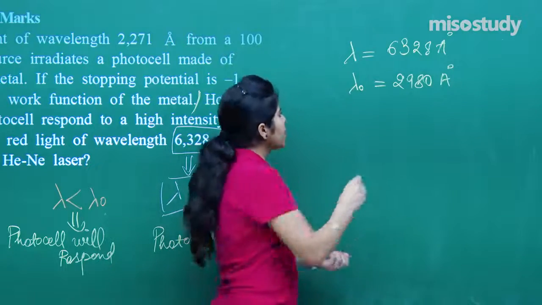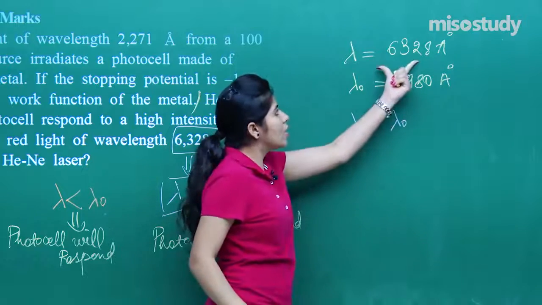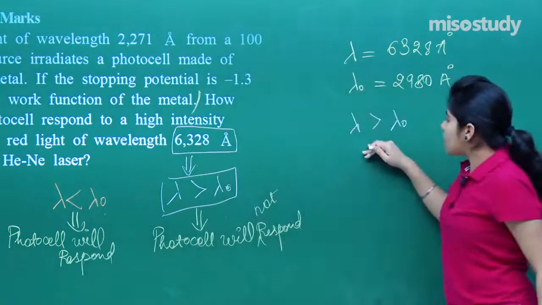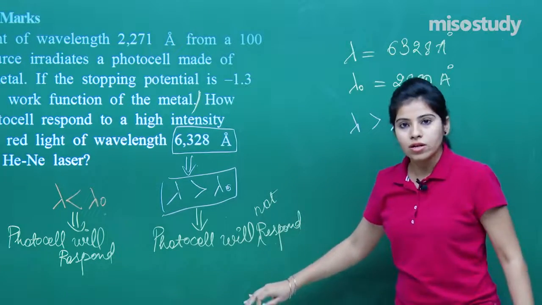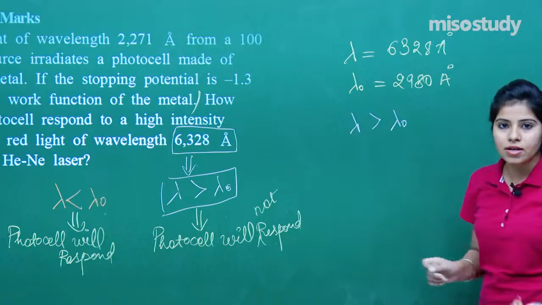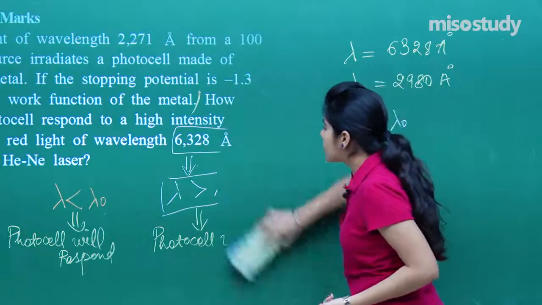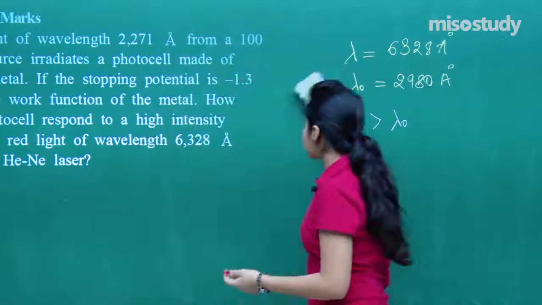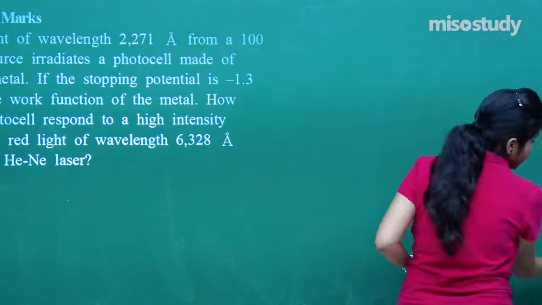Easily you can tell this lambda is greater than lambda naught. What did I say? When lambda is greater than lambda naught, the photocell will not respond. So the photocell will not respond, and you have given the reason as well, because lambda is greater than lambda naught. This is the answer to the question.